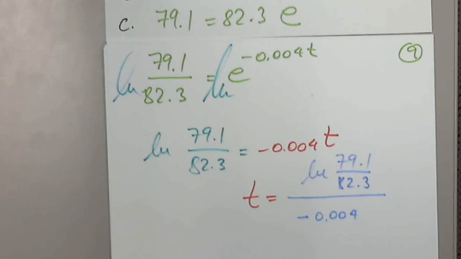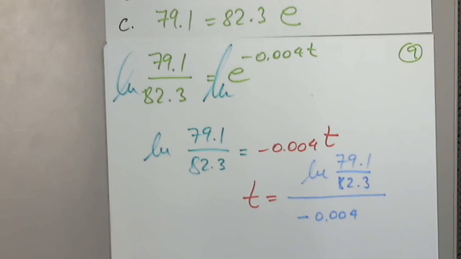So in y equals, please clear everything you have in there. So natural log 79.1 divided by 82.3, close, and divide by, in parentheses, negative 0.004, close, and enter.